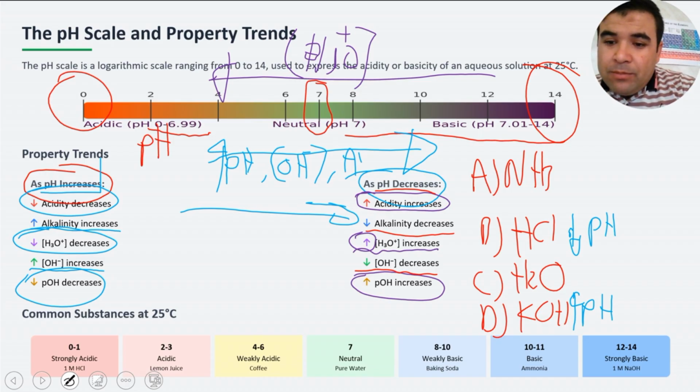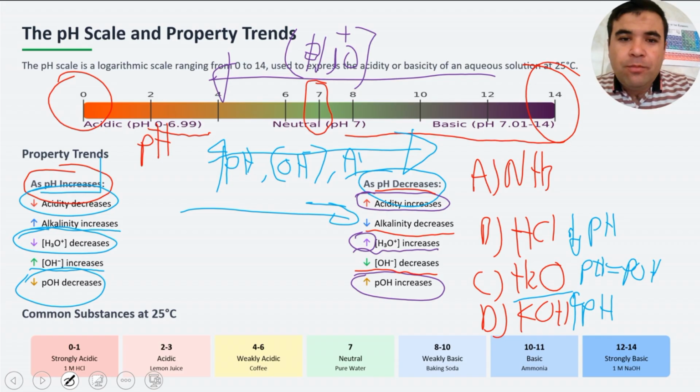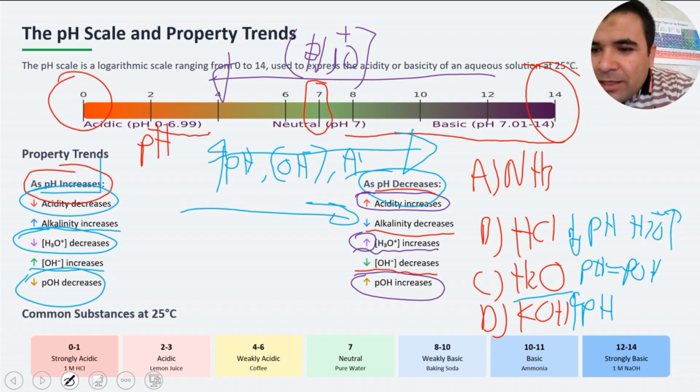The pH equals pOH for H2O because it's neutral. Hydronium equals hydroxide, it's neutral. Which of the following has the highest hydronium? Highest hydronium means most acidic, so the highest hydronium is HCl, guys. So hydronium concentration is the highest in HCl.